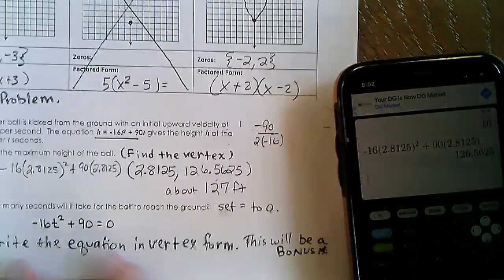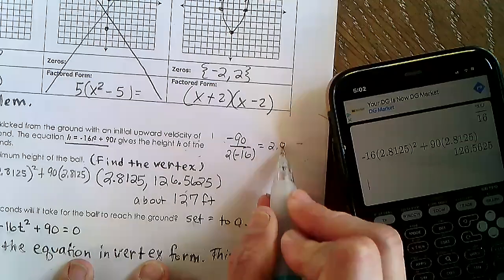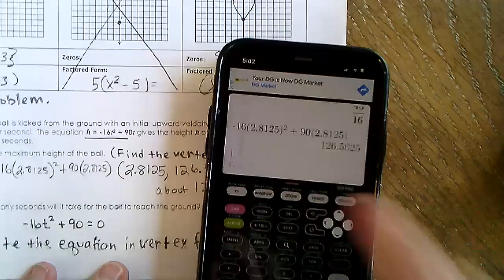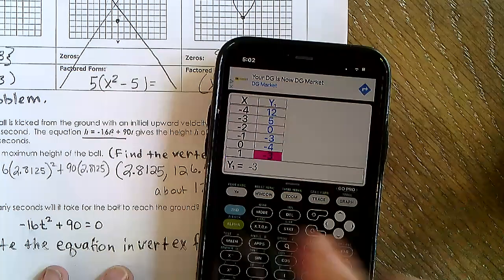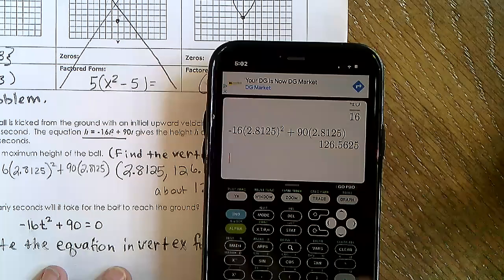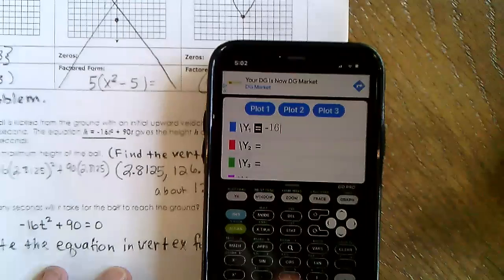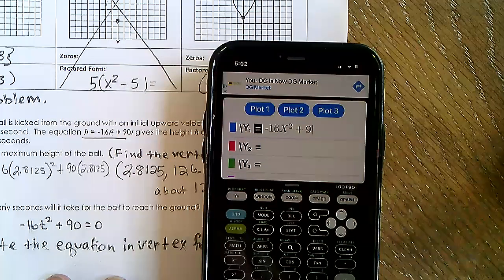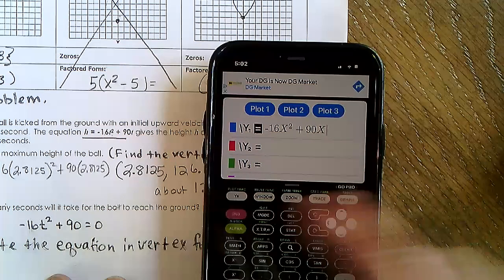Okay. If this was about 2.8, we could just go to our table and look at... hang on, we didn't even put the equation in. It was y equals negative 16x squared plus 90x. And second table.